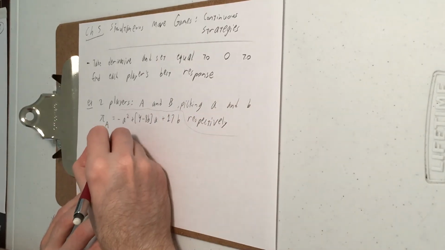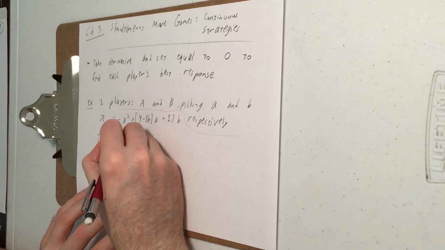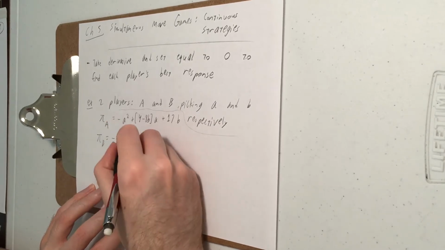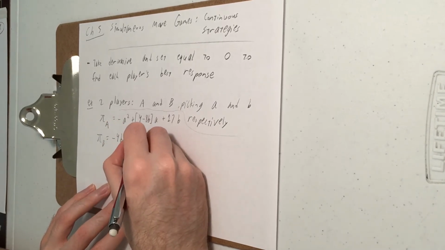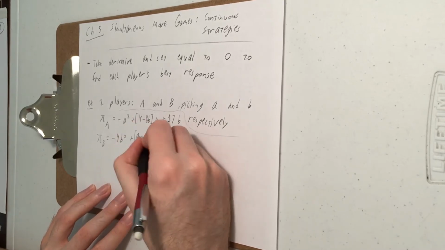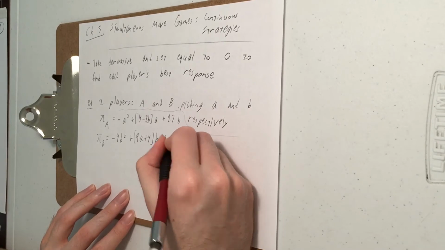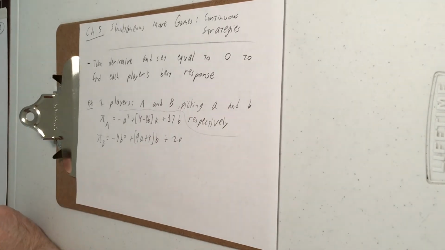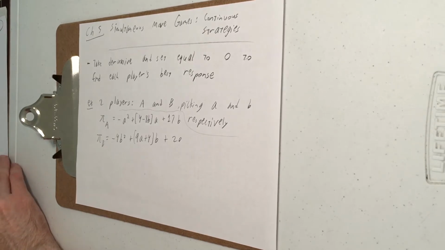Player B's payoff is minus 4b squared plus 9a plus 4 times b plus 20. So our mission here is to find the Nash equilibrium.